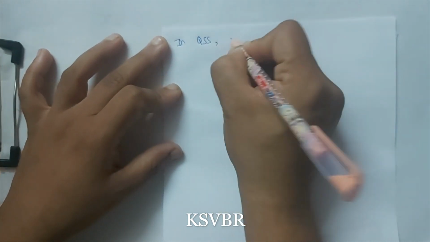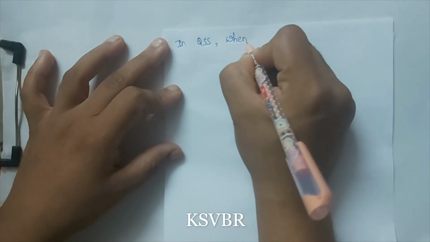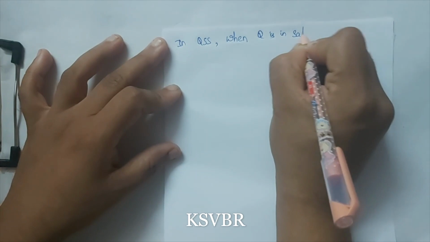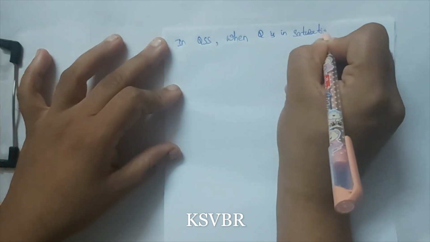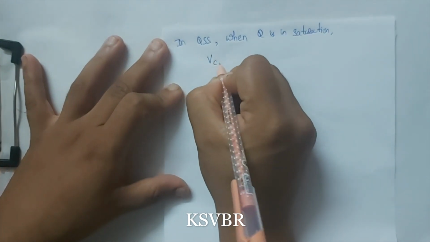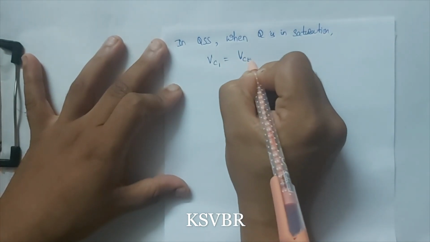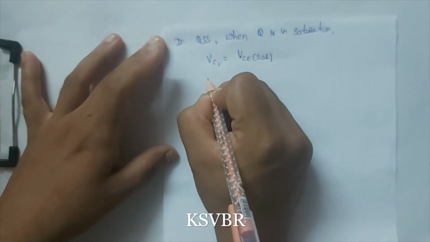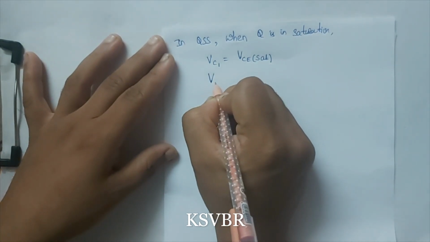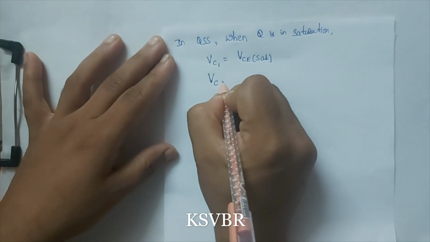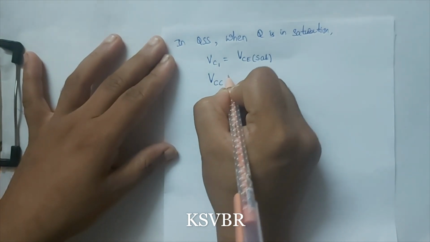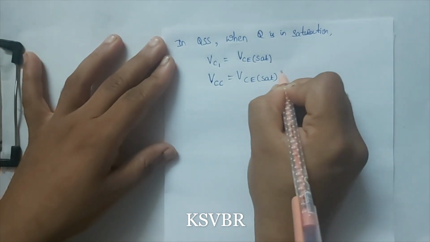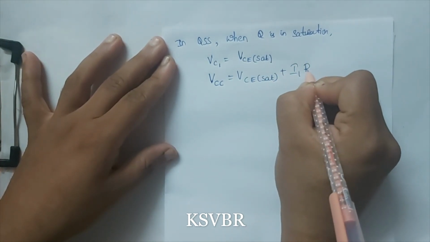So in quasi-stable state, when your transistor is in saturation, output VC1 will be VCE saturation. At the same time, VCC is equal to VCE saturation plus I1 RC1.